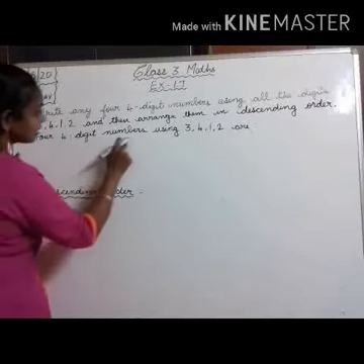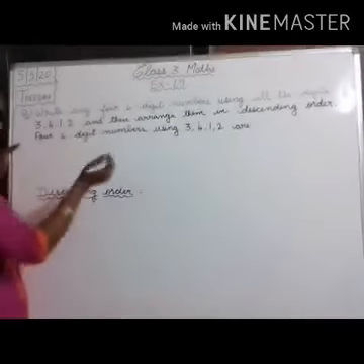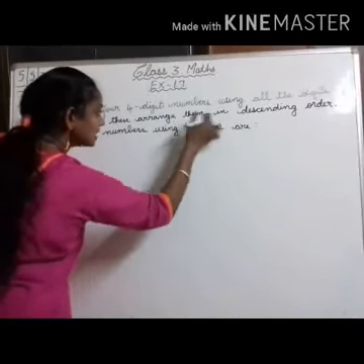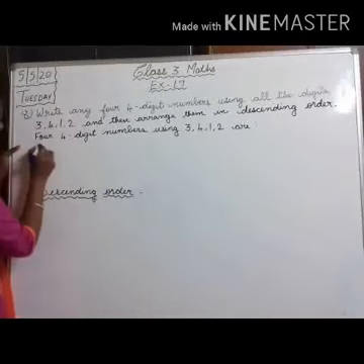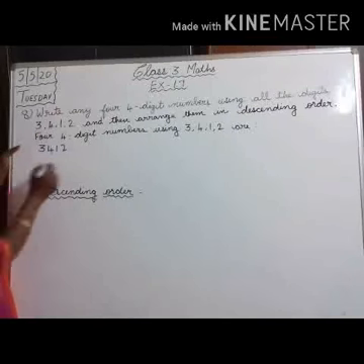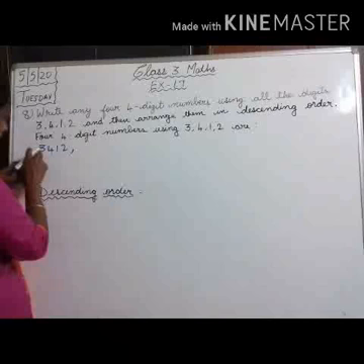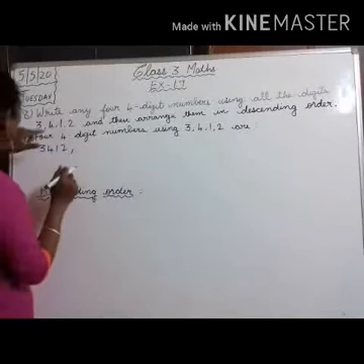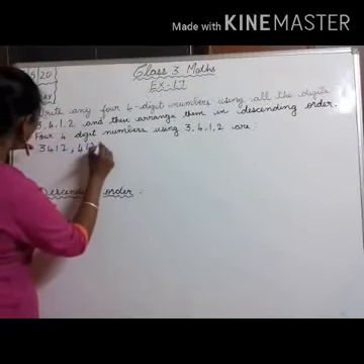First we have to write 4-digit numbers using 3, 4, 1, 2, where the places of these digits can be changed. First write the same number, 3, 4, 1, 2. This 3 is already in the thousands place, so next time we will change its place. Next, 4, 1, 2, 3.